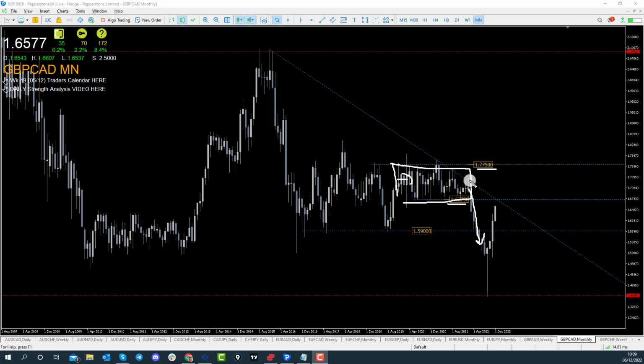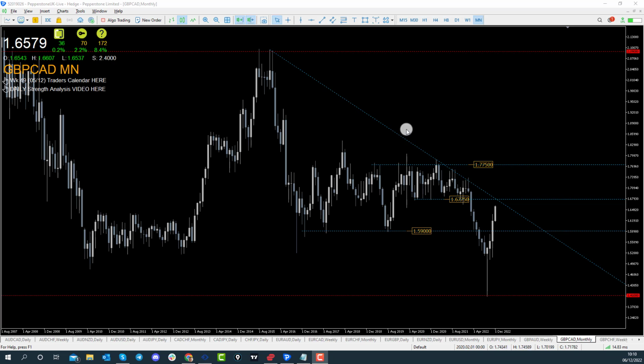So you had quite a significant amount of time for price to build up in that area. Now it looks to me like we're coming back and retesting that smaller range. We've broken back within the bigger range, broken back above the 1.59 handle, and the next stop looks to be this 1.6775 handle.